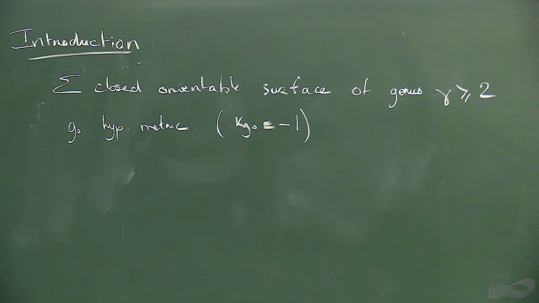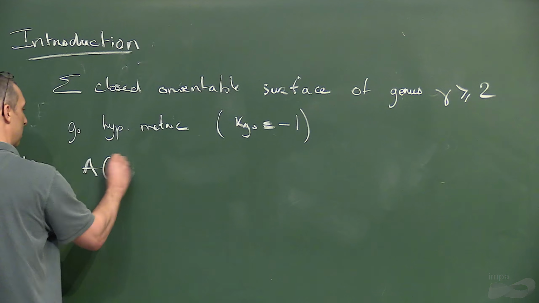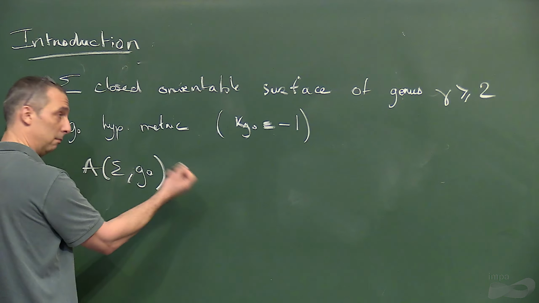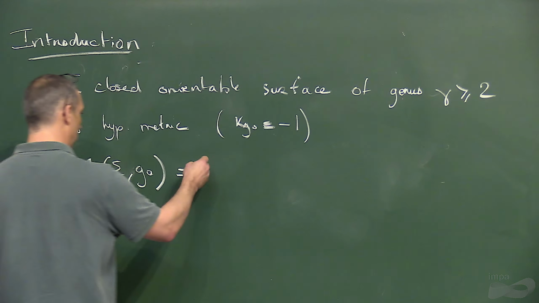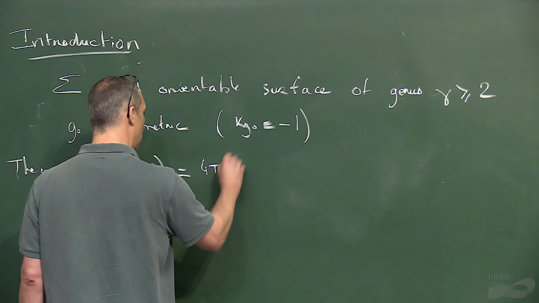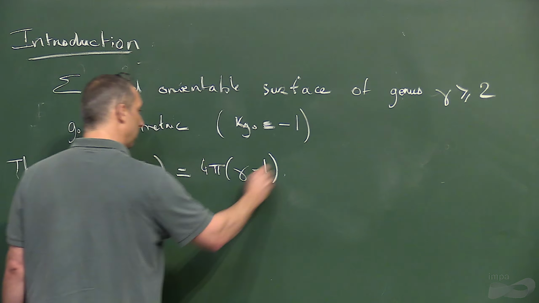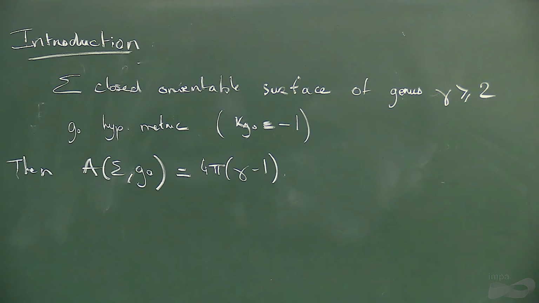If you have this object, then you have a well-known formula, which is that the area is constant. This is a hyperbolic identity, equal to 4 pi times the genus -1. This is a basic example of a hyperbolic identity. This is true for any hyperbolic metric that you can put on your closed surface sigma.